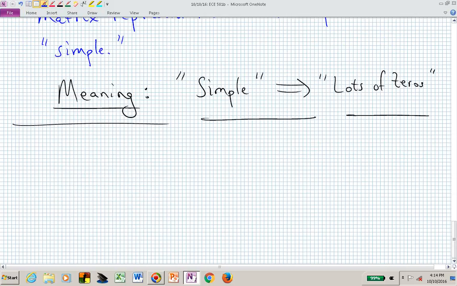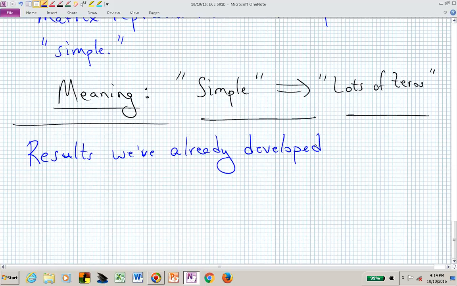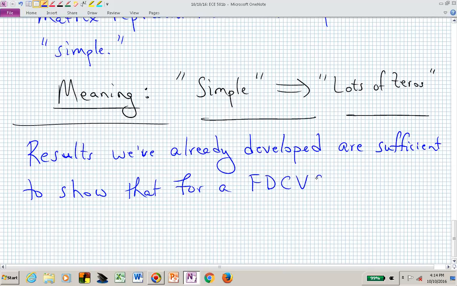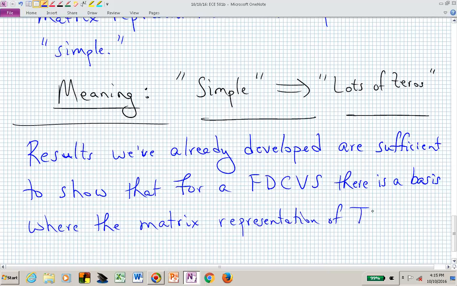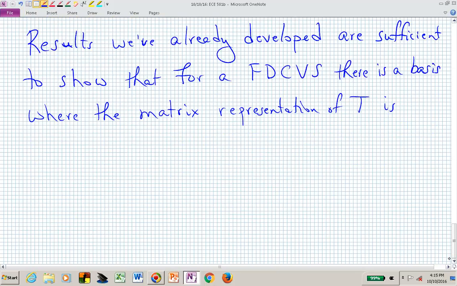Let's now go back to what we've already learned. We've already found that we have some results we've already developed that are sufficient to show that for a finite dimensional complex vector space, FDCVS, there is a basis where the matrix representation of T has a particular structure as follows.